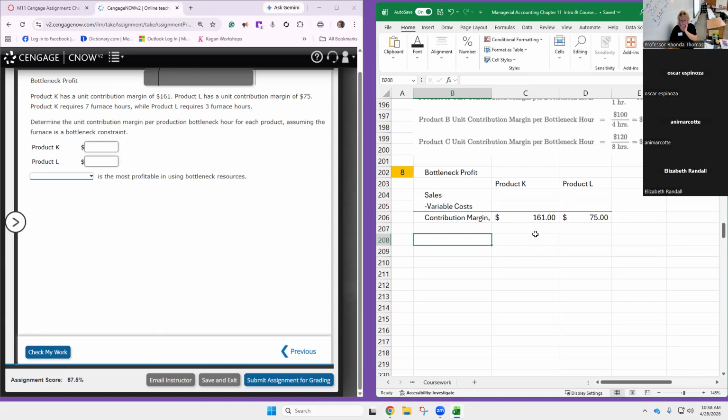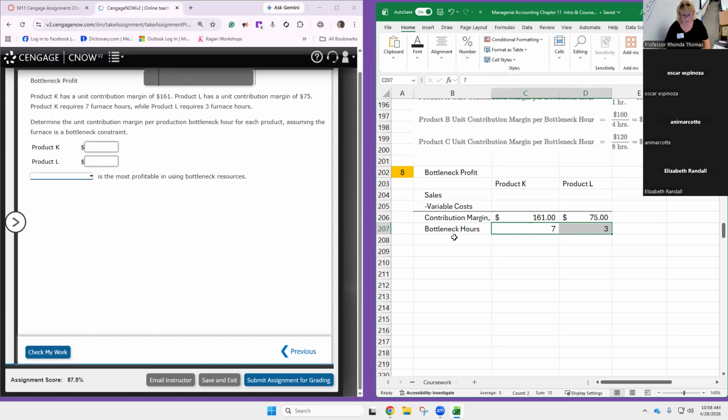So we have 7 hours for this one. And this is what they call the bottleneck hours. This takes 7 and this takes 3. And that is not dollars.